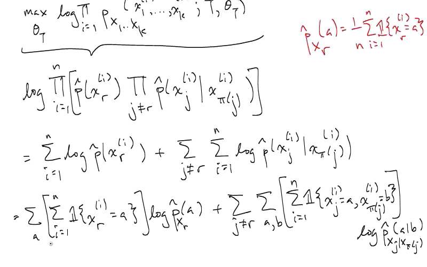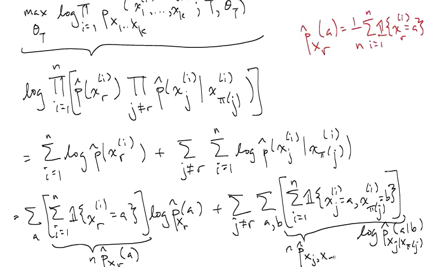So here, this thing is of course going to be n times the empirical distribution for X_r evaluated at A, and this thing right here is going to be n times the empirical distribution of X_j and X_pi(j) evaluated at A and B. Okay? Let me rewrite this line to make it a little cleaner what's going on.